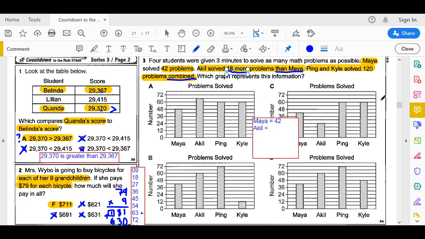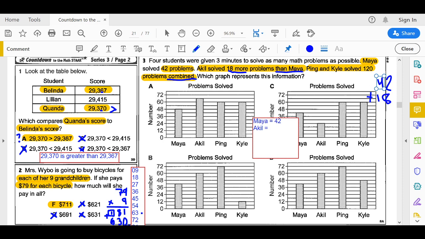So what I have to do is do 42 plus 18. I'm going to do it right here on the side. So make sure I can also see that on your paper that you're following all the steps. So 42 plus 18.